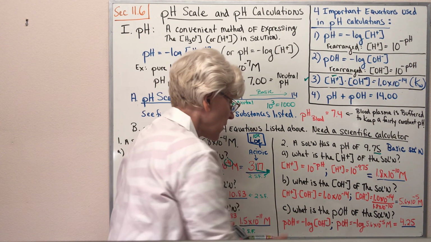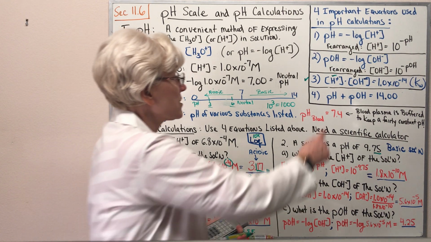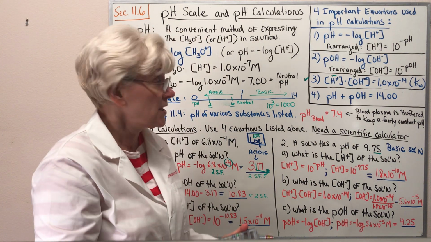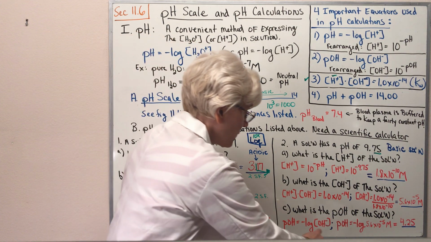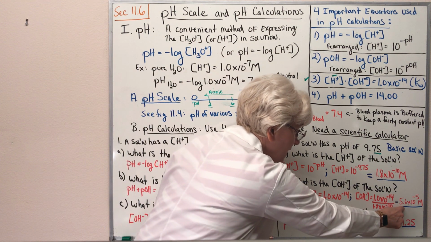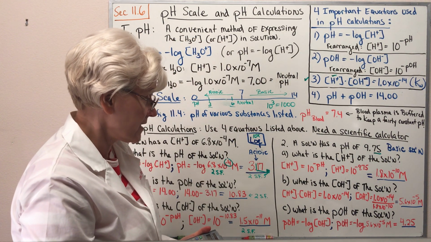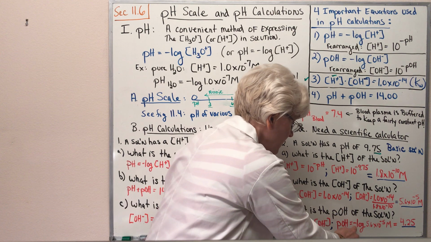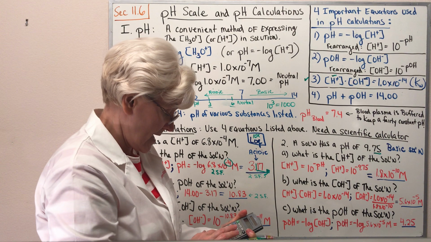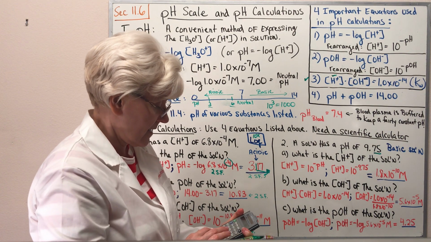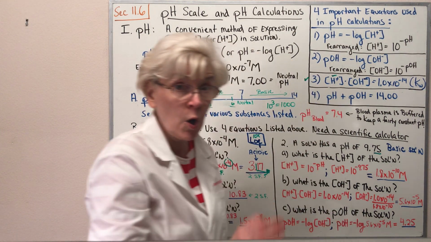And the third and last part of the problem, what is the pOH of the solution? Equation number 2, pOH is the negative log of the hydroxide ion concentration. So plugging in that the hydroxide ion concentration we just solved for is 5.6 times 10 to the minus 5 molar, taking the log of that and changing the sign, we get a 4.25 as our pOH.